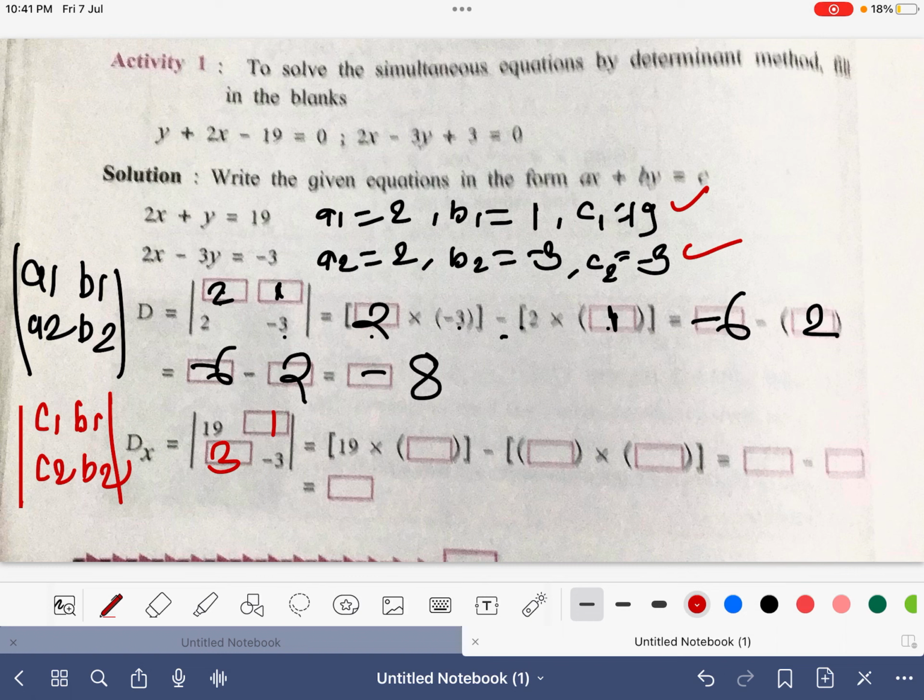Now multiply 19 into minus 3, minus 3 multiplied by 1.